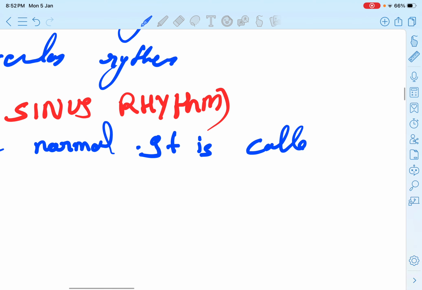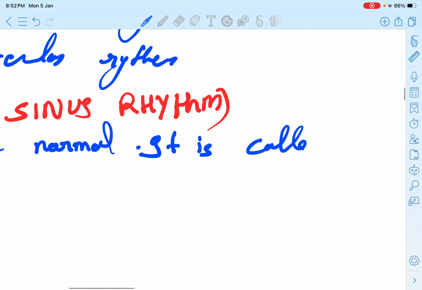These are the basic, common rhythms we find in the ECG graph. I have written all this, so don't worry.